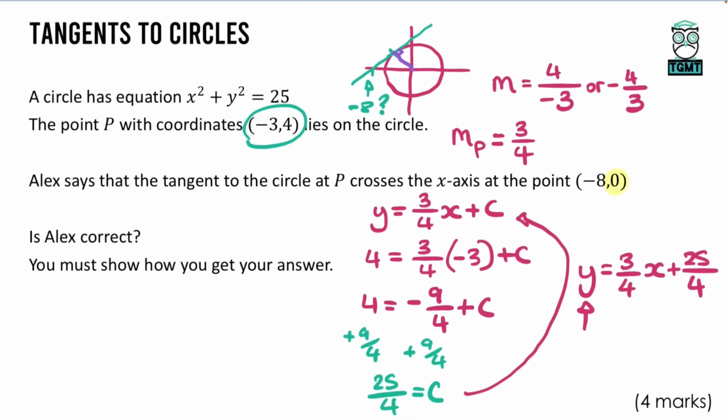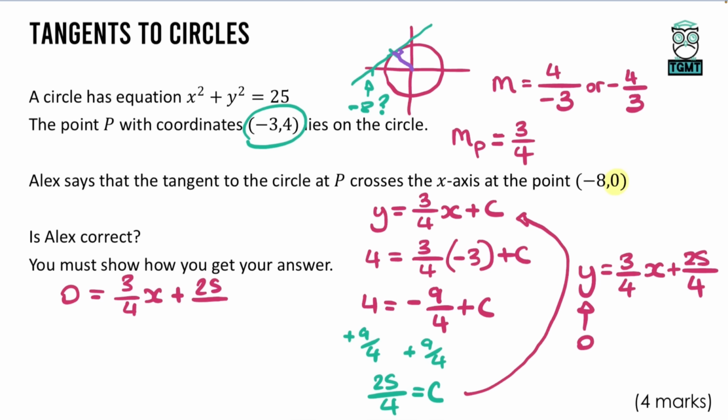Either we put y equal to 0 and solve it and see what x actually is, whether it's -8 or not. The alternative is we could sub -8 in place of x and see if it equals 0. So it doesn't really matter either way. That might actually be the easier way in this particular question. However, had the question said find where it crosses the x-axis, we'd have to go for y is 0. So I'm going to go with that method because it's going to work for other questions, but it's not the only way of doing it.